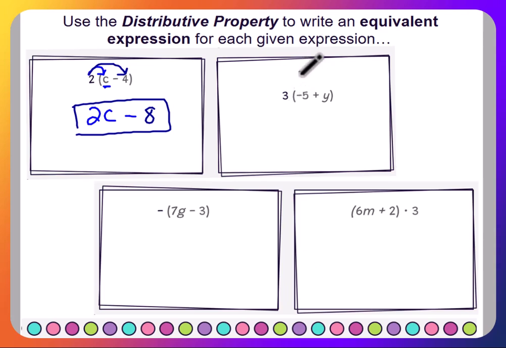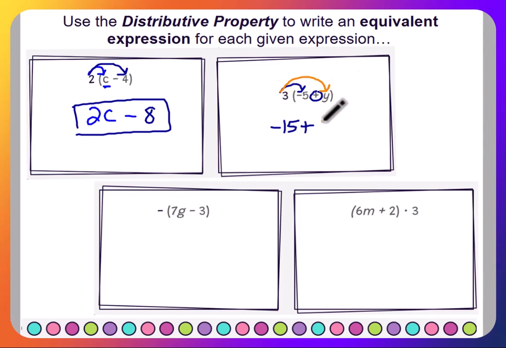Next one, same thing. What number are we distributing? The 3. The first term is a negative 5. What is 3 times negative 5? Negative 15. Then we're going to take this plus sign, bring it down, and now we're going to distribute the 3 to the second term, which is a y. How many y's? 1 y.